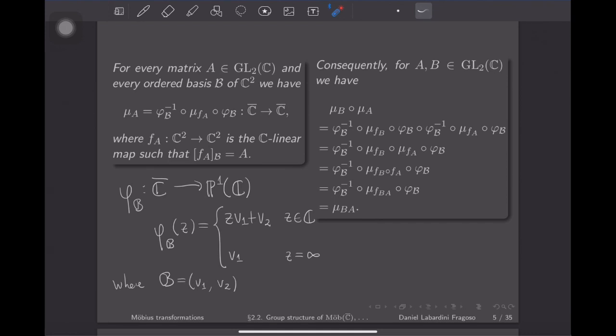And then this is very easy to check. In other words, if one just computes mu of the matrix, so mu A of Z would be equal to alpha Z plus beta divided by gamma Z plus delta, provided that the matrix A is equal to alpha beta gamma delta.